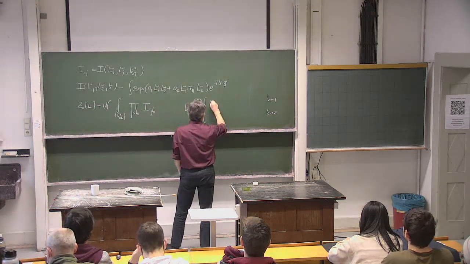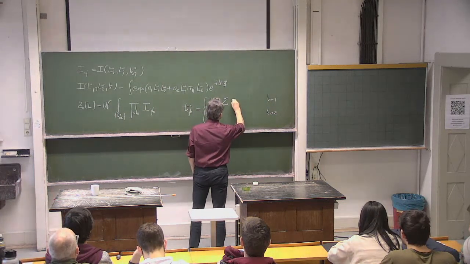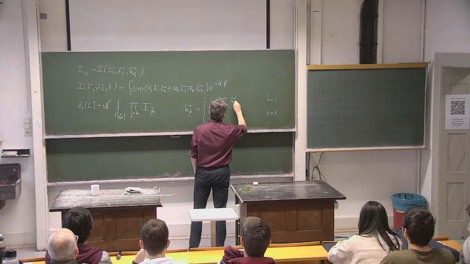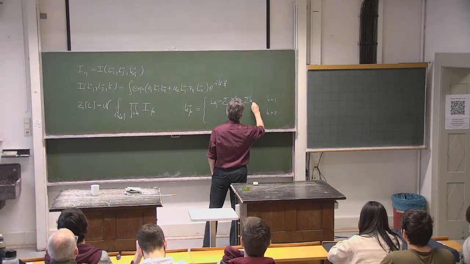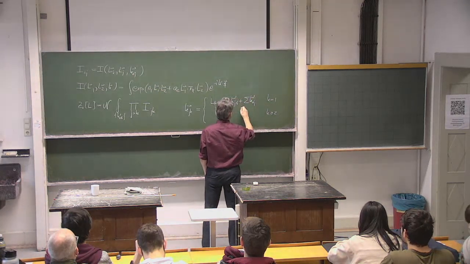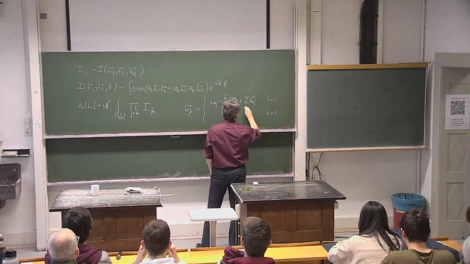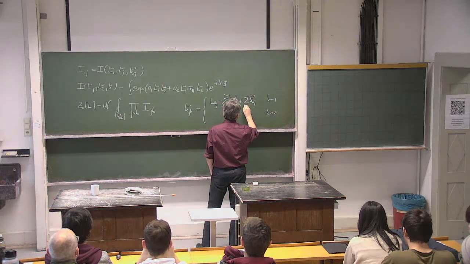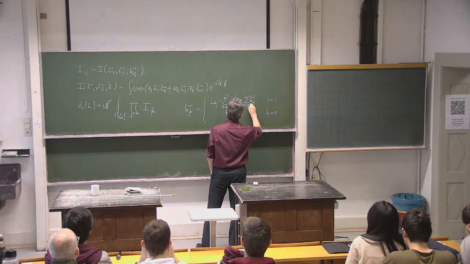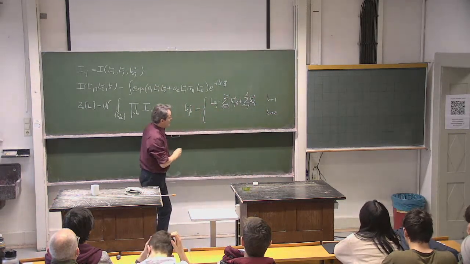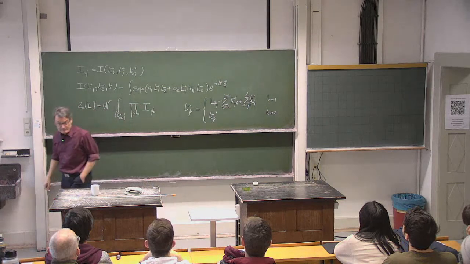And this was L Q_j minus some sum of k prime_jb plus some sum of k prime_aj. And here b is running from 2 to j minus 1, and here a is running from j plus 1 to L. And here are just the auxiliary wave vectors.